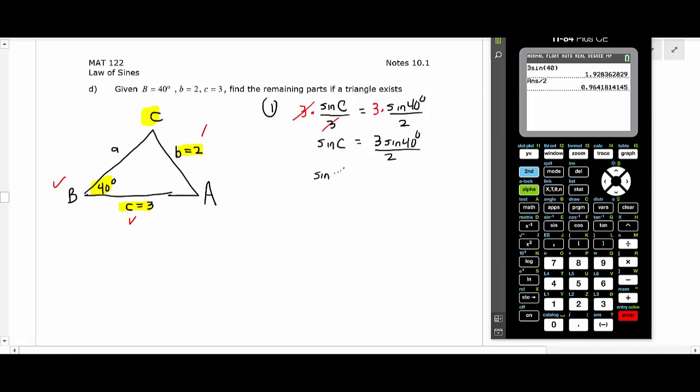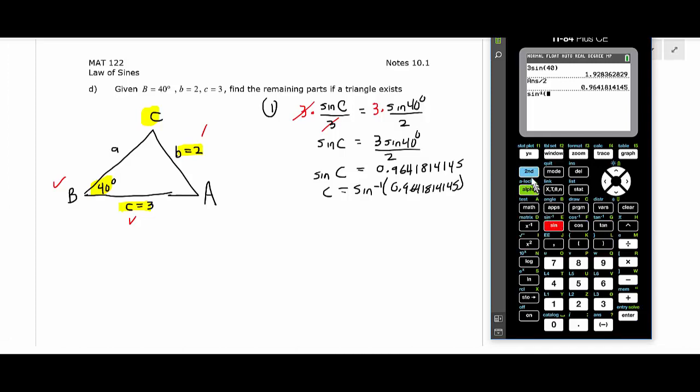So that means we're going to get two possible answers when we do the inverse sine. So we have 0.964181445. C is going to be the inverse sine of that quantity, 0.964181445. So I'm going to do inverse sine on my calculator.